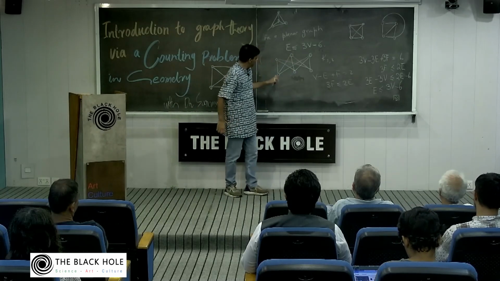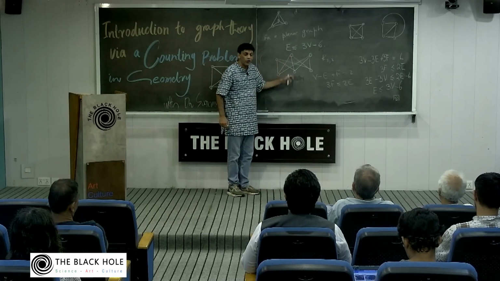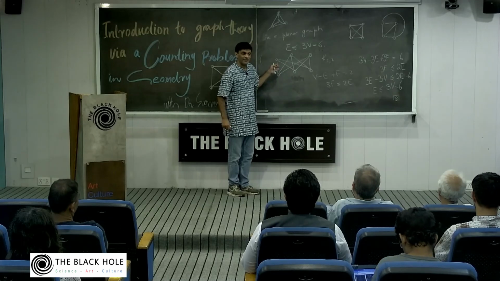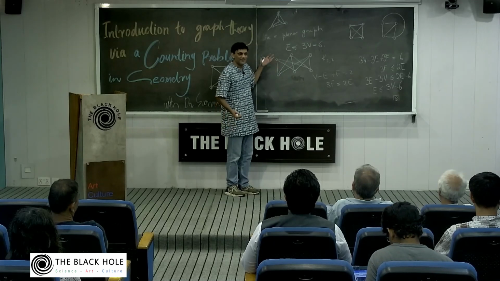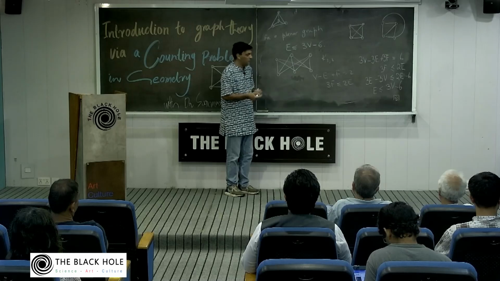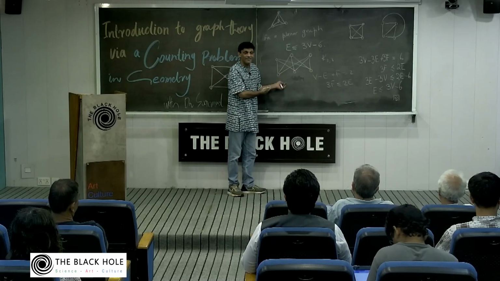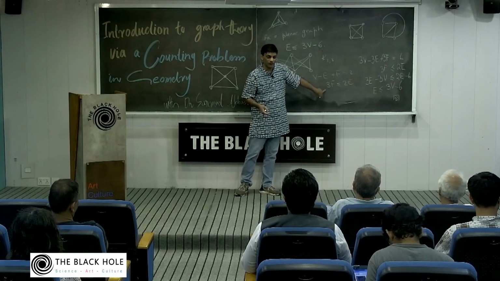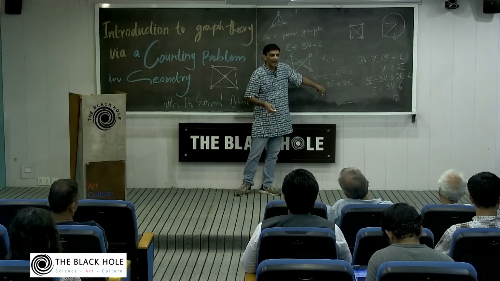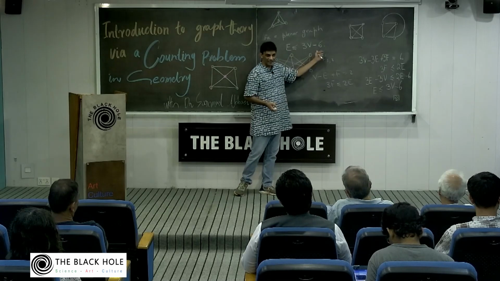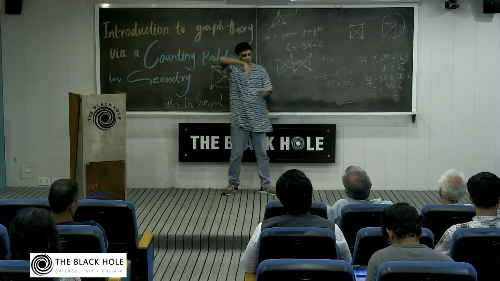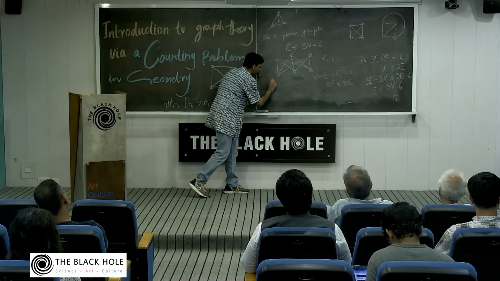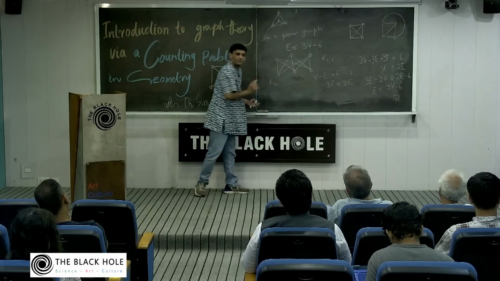In this graph, you cannot have a face with 3 sides. It has to have 4 sides because this graph doesn't have a triangle. So the argument can be improved. This inequality can be improved. For triangle-free graphs, you have a better inequality, and that will help you prove that K33 is non-planar also.